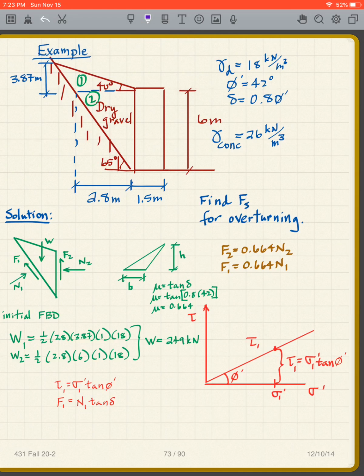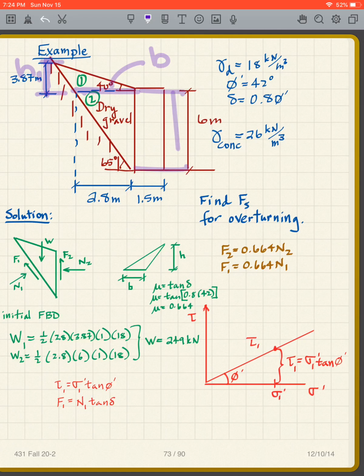Now in this particular one, I've given you all the numbers here in a way, and so the easiest way to do it is to do as I've shown, take that triangle and add them together. Because I've given you this distance, we'll call that B. This distance here is my H for triangle 1.